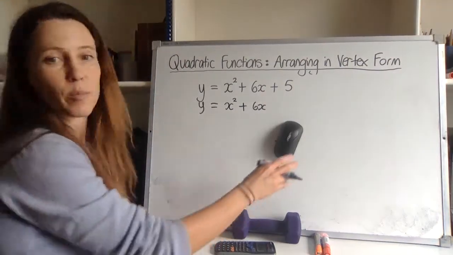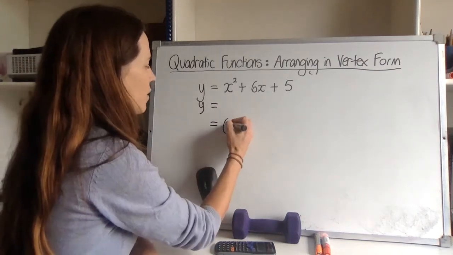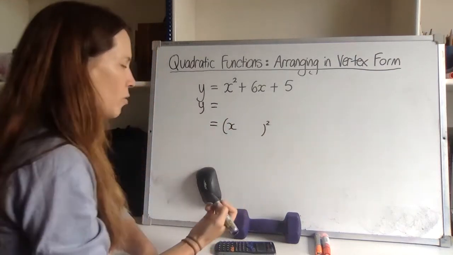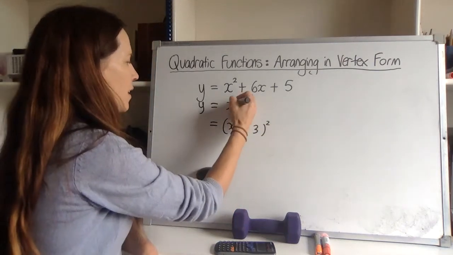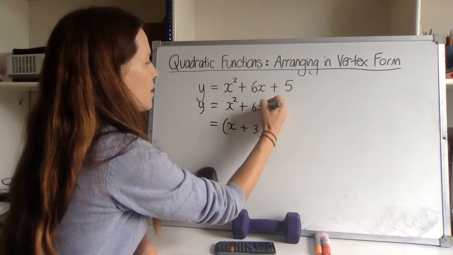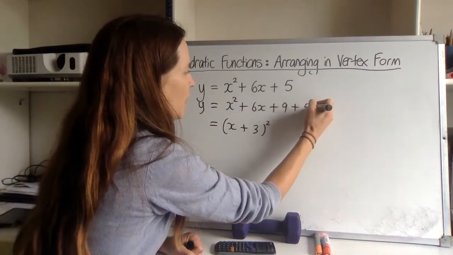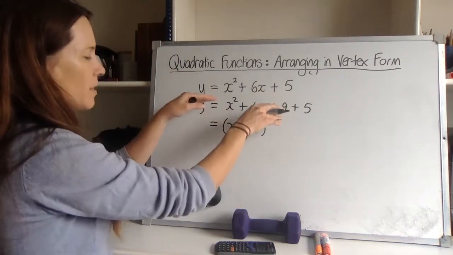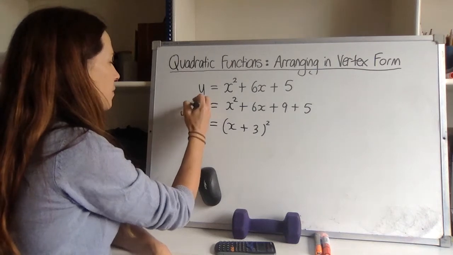Now, another way that you might prefer to set it out, again, is to leave a line and say I'm looking for this arrangement. I think that's a good strategy. I need to halve my 6 to get my 3, but when I expand this out, sure enough, I'll get my x squared plus 6x. I'll also get my 9, and I'm meant to also have my 5 here. Now, comparing these two lines, rather than take the 9 off again, if you want to, you could add 9 to this side.